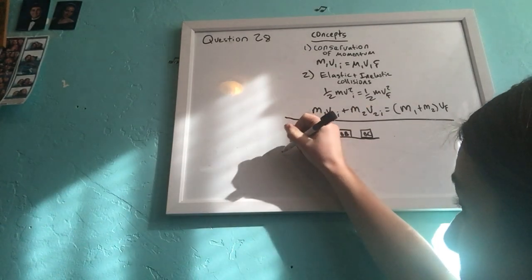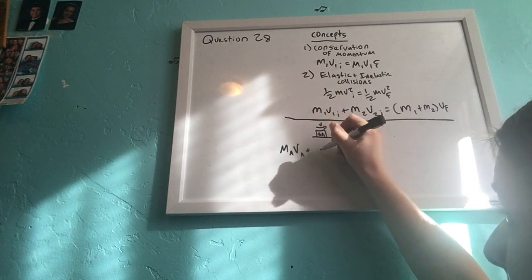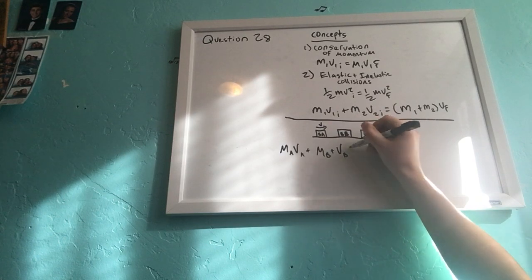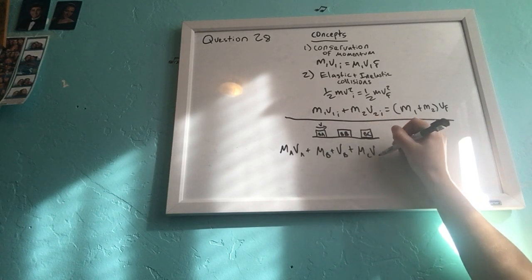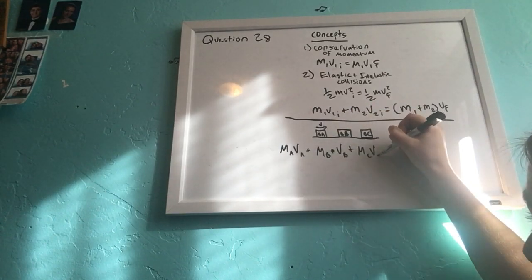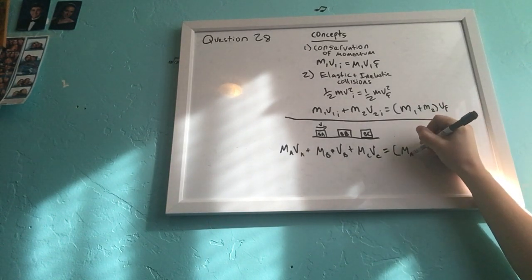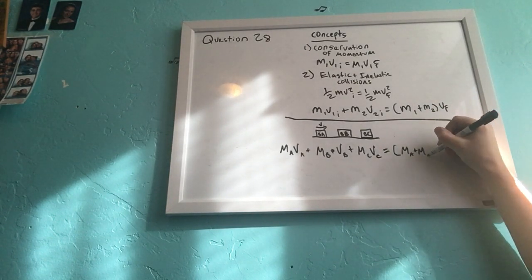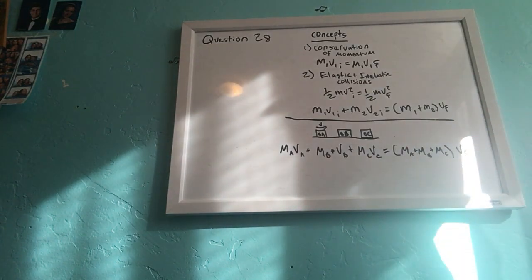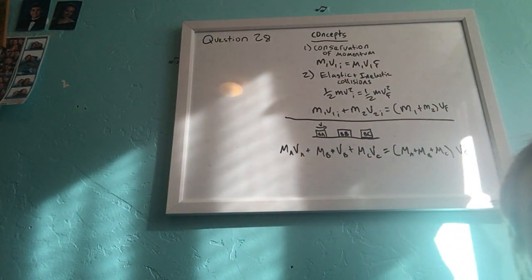So mass A times velocity A plus mass B times velocity B plus mass C times velocity C will equal, like I showed here, mass A plus mass B plus mass C, since they're sticking together at the end and going at a final velocity all together.